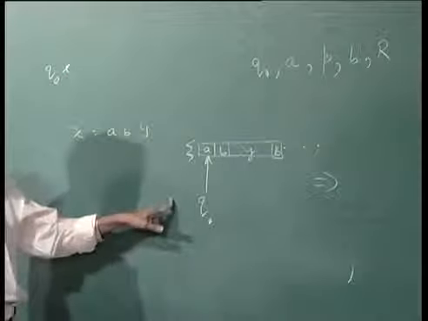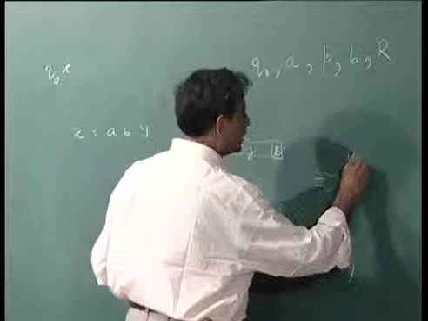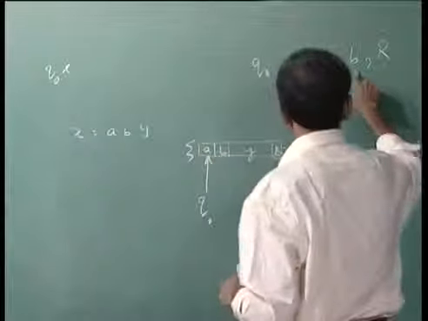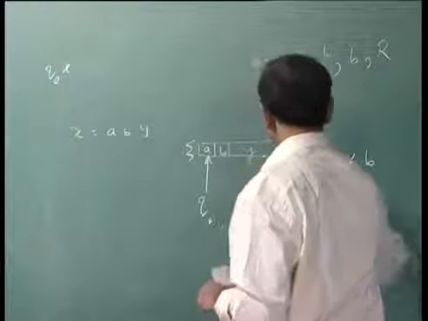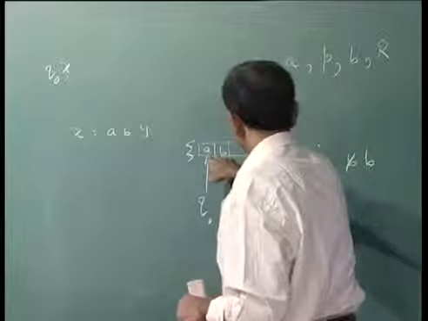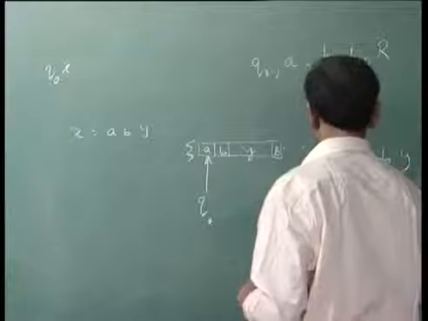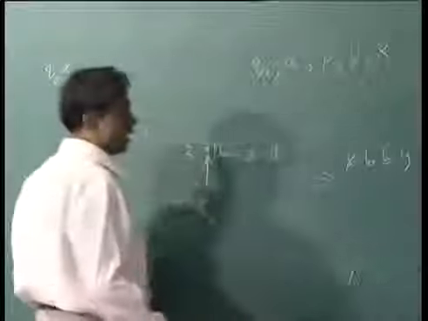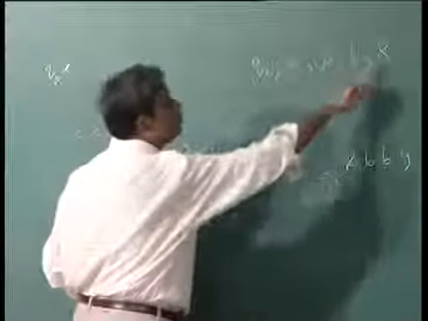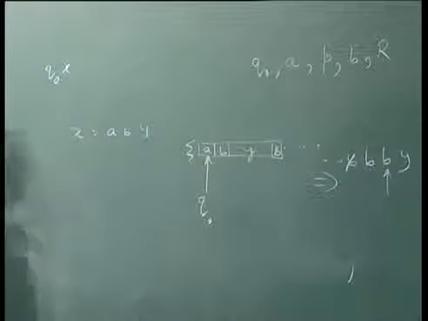and in one step, what will be the situation? Of course, these will be blanks, and this A is converted to B, so B, and of course, nothing else changes. So, this A has become B, there was a B here, so that B is here, and then the string Y, and then of course, blank and so on. And the head will be, since the move is to the right, the head will be here. So, in terms of configuration, what is the situation?